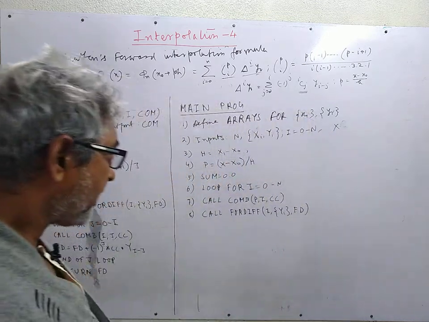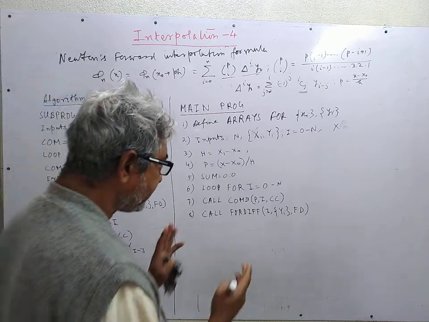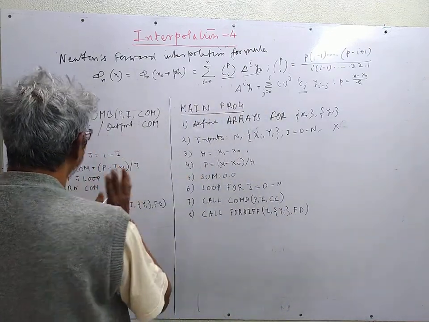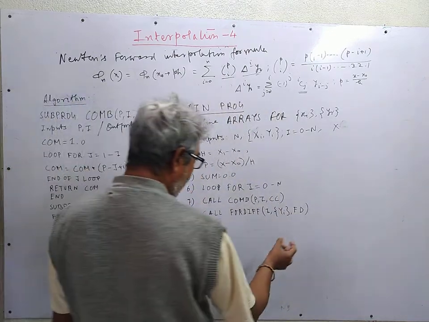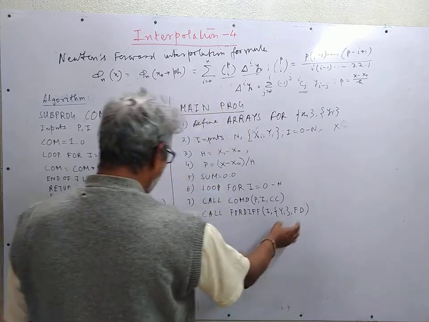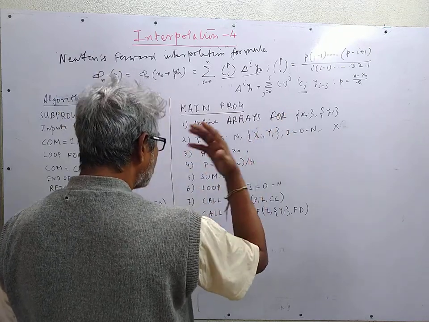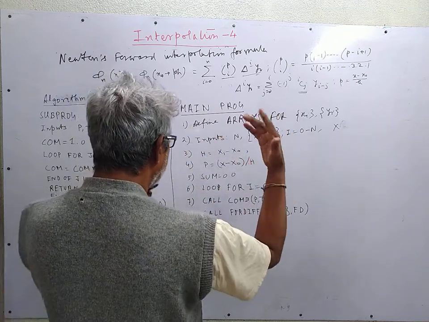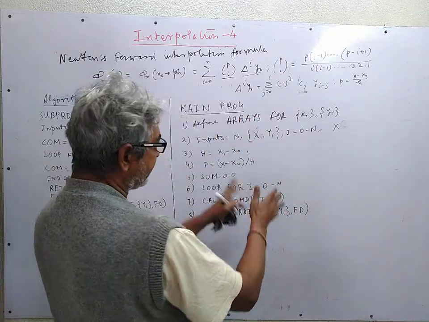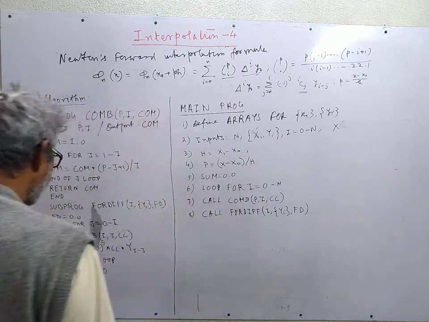In scientific programming techniques, there are techniques for transferring all these data from here to there, wherever required. In that case, yi may not be included as an argument, because once we define yi, there is a common block facility by which every datum defined here and specified to be shared can be shared between programs and subprograms.